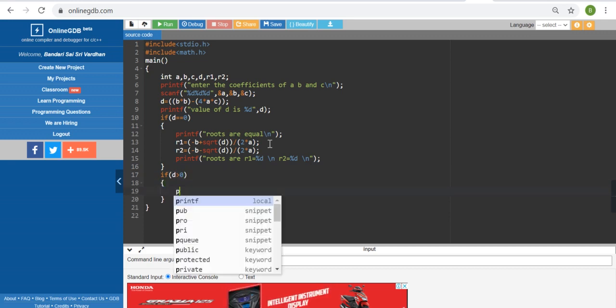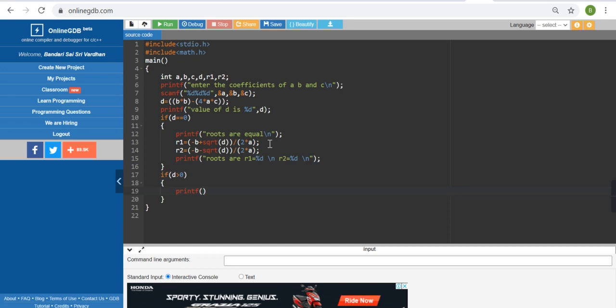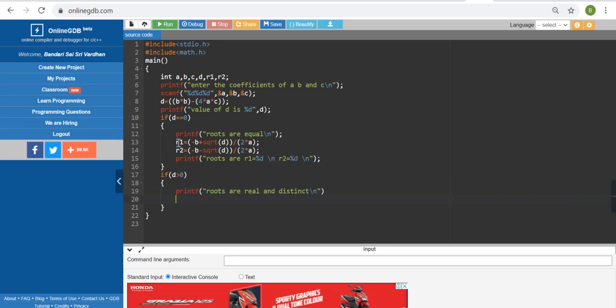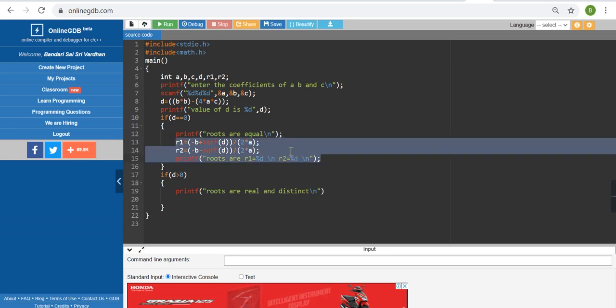So within the loop, printf roots are real and distinct \n. Here the same procedure should be repeated again, so I am copying this and pasting here.